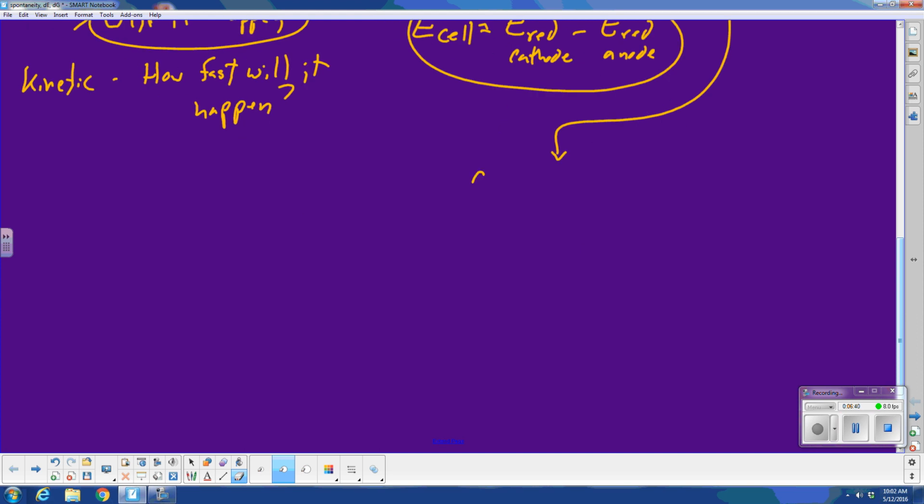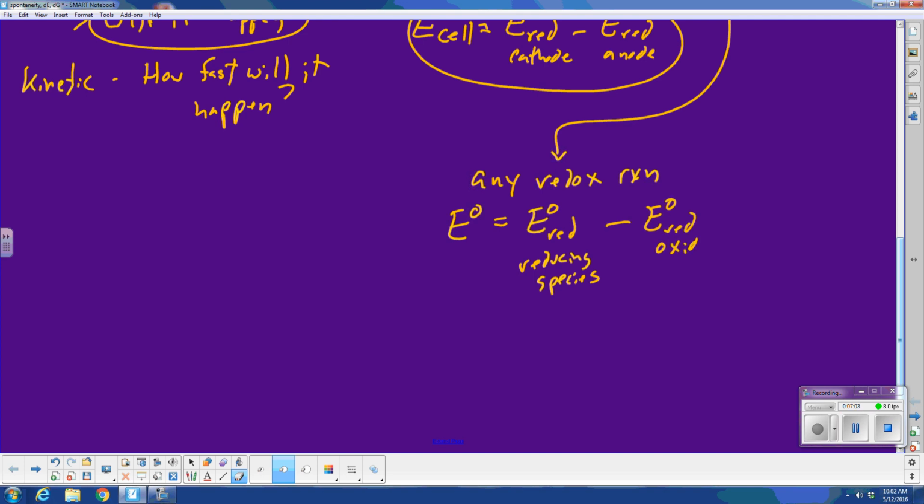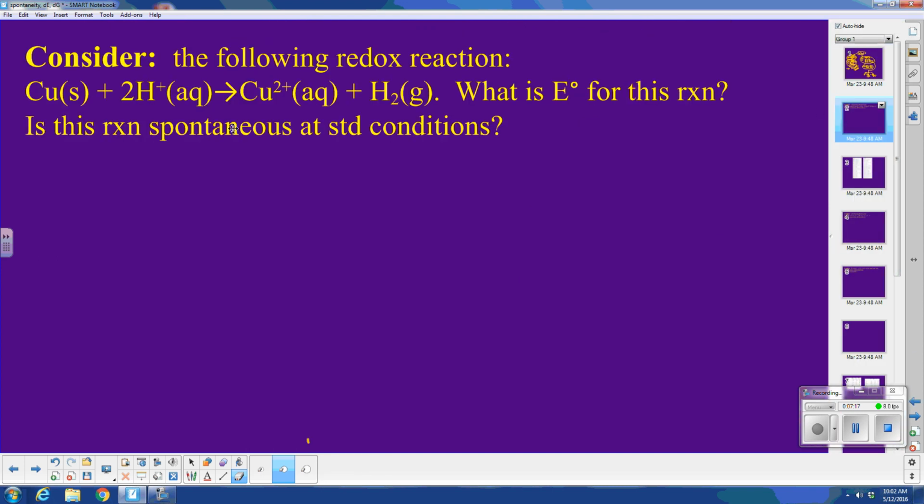So for any redox reaction, we can calculate a standard potential, and that standard potential is going to be equal to the standard reduction potential of the reducing species minus the standard reduction potential of the oxidizing species, right? All right, cool. So let's do that. Let's go to our next slide, and let's take a look at this. I have a redox reaction.